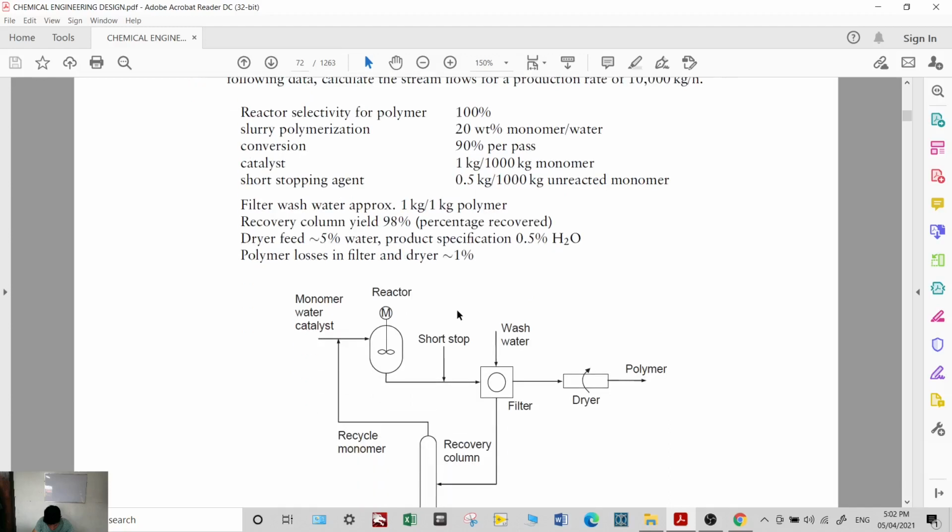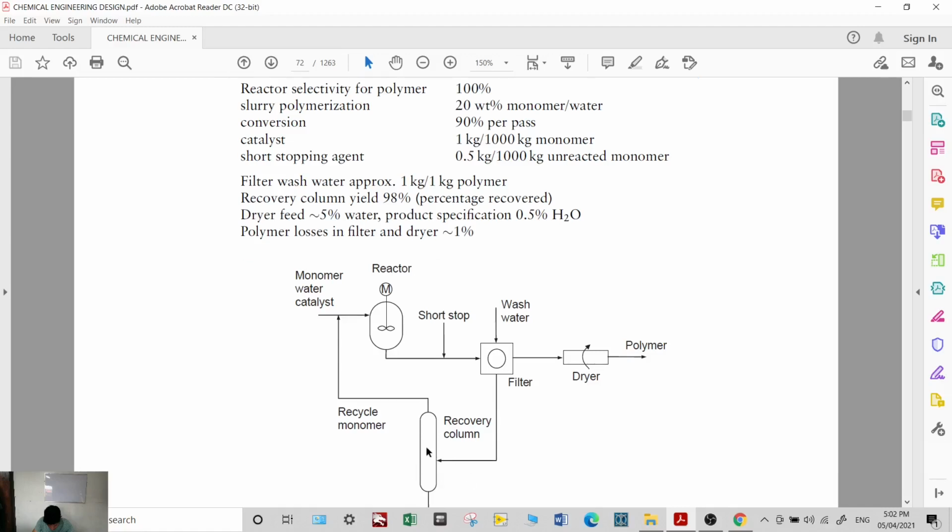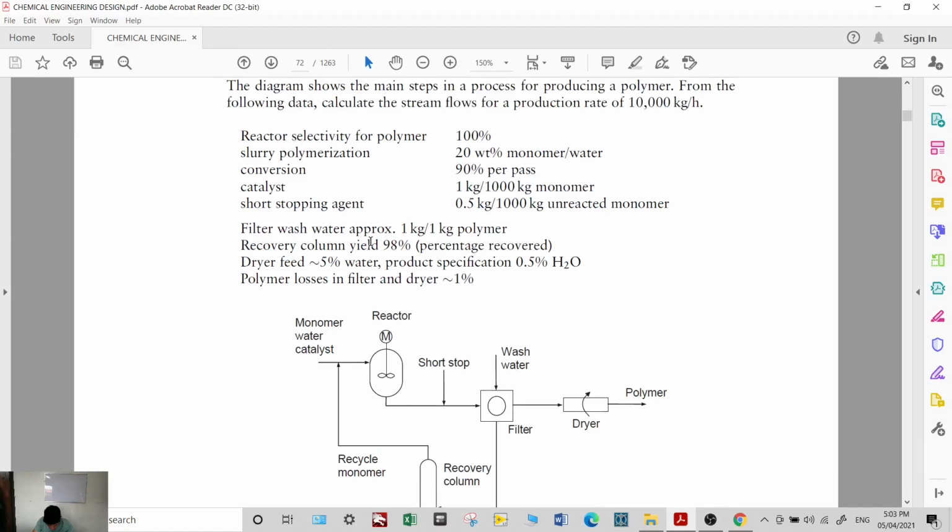90% per pass. So understand that when the monomer enters here, not all of it becomes polymer. Only 90% becomes polymer. The rest is the unreacted monomer that you put in the recovery column. And then the catalyst is 1 kg per 1,000 kg monomer.